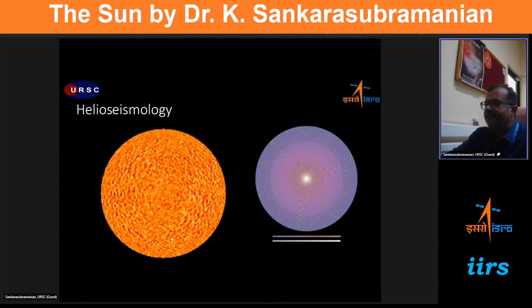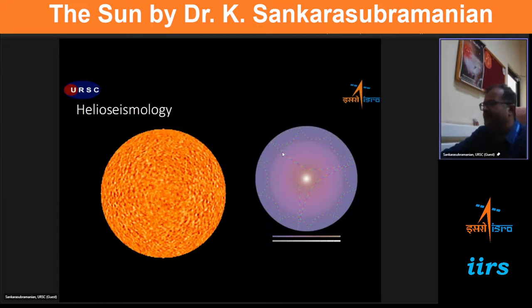What you see here on the left hand side are the Doppler measurements, that is, how the sun's surface is moving up and down, which is nothing but the vibrations happening in the interior propagated to the surface. From the power spectra of these surface measurements, and with proper modeling of the interior structures, we can study many details about the interior structures of the sun.